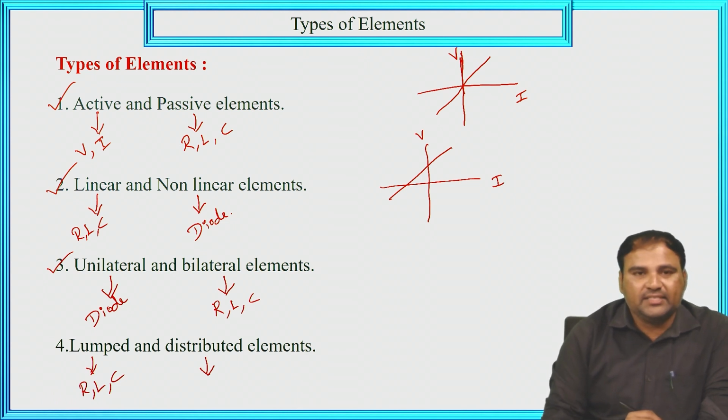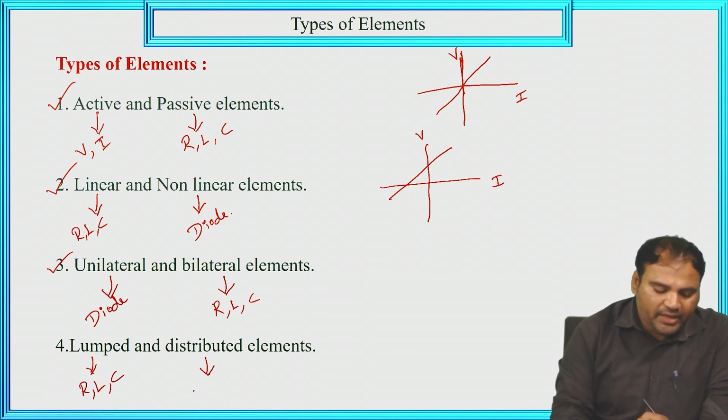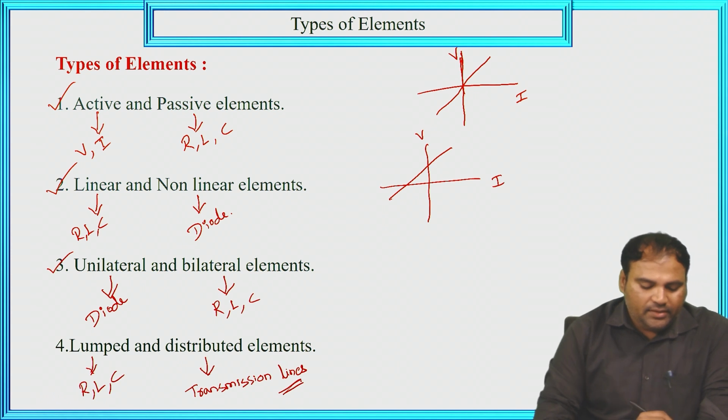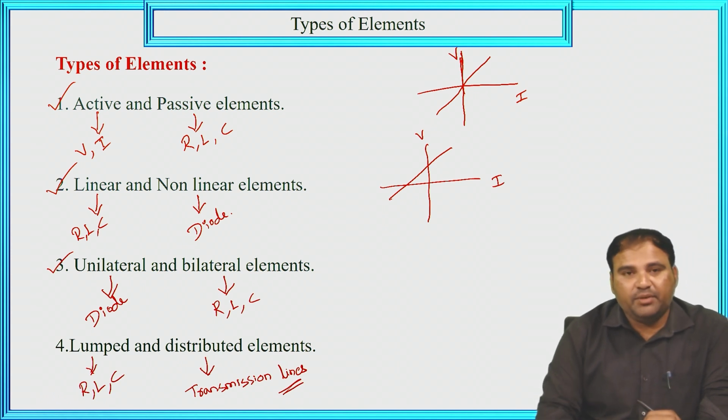We can call them distributed elements. An example for these distributed elements is transmission lines. Okay, so these are the different types of the elements.